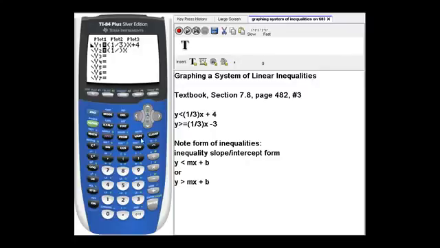I didn't close the parentheses. Here we go. Close parentheses, X minus 3. So that would be the equation. Now I need to change this into an inequality.